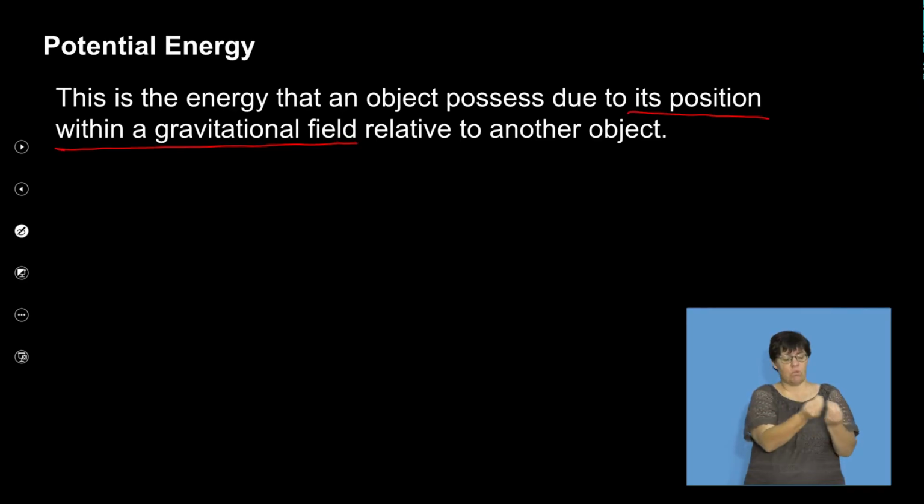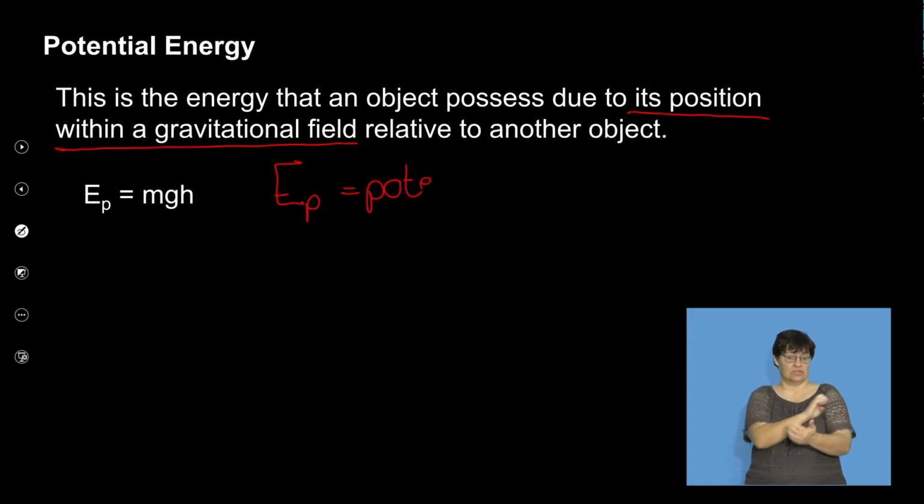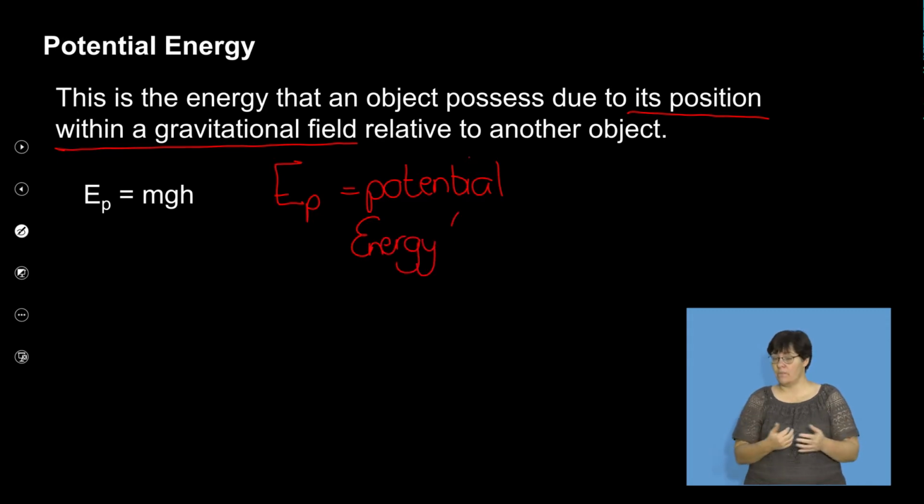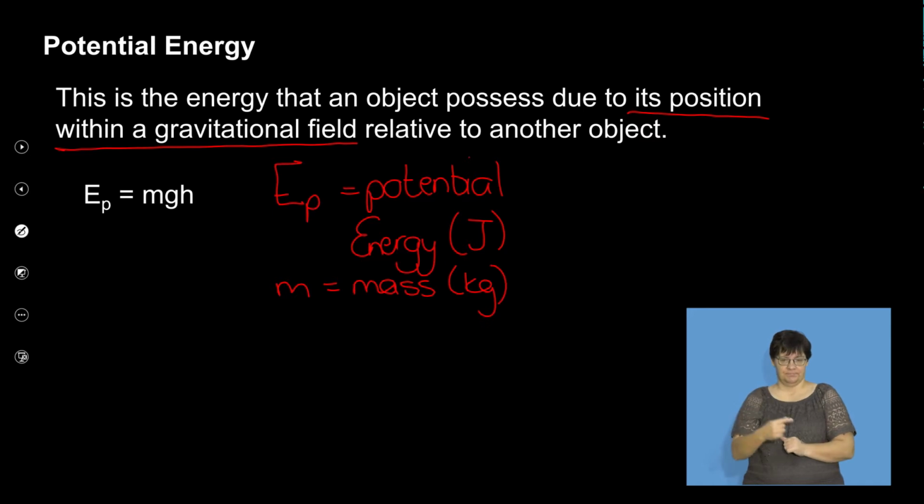okay? Our equation is EP equals mgh, where EP stands for potential energy, and we measure that in joules, capital J. M is mass, which we measure in kilograms.